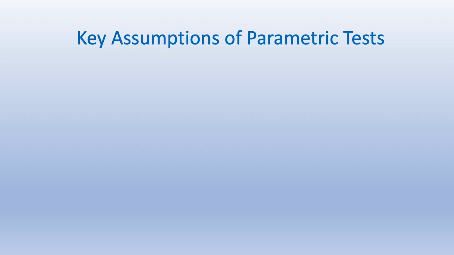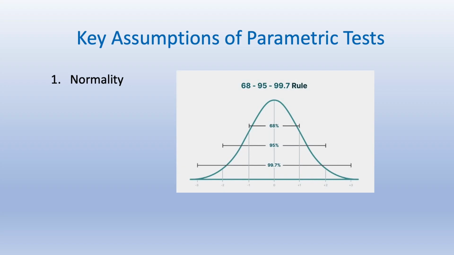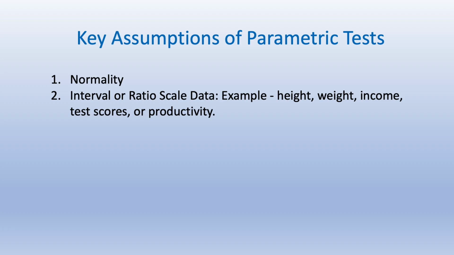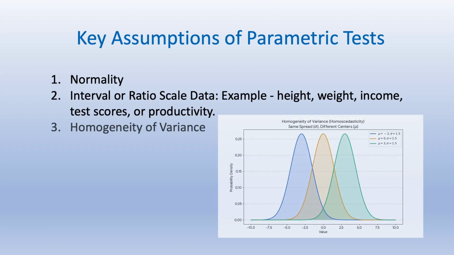Parametric tests rely on a set of assumptions. The most important ones are normality, that is, the population from which the sample is drawn is assumed to be normally distributed. Interval or ratio scale data. The variables should be measured on an interval or ratio scale such as height, weight, income, test scores, or productivity.